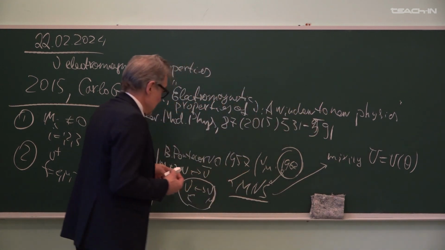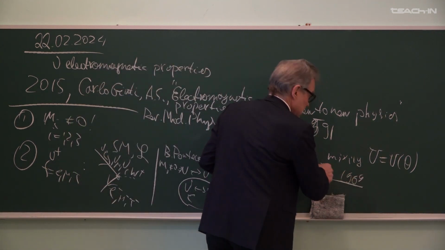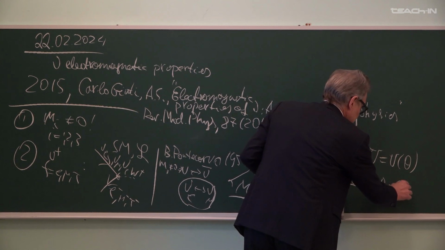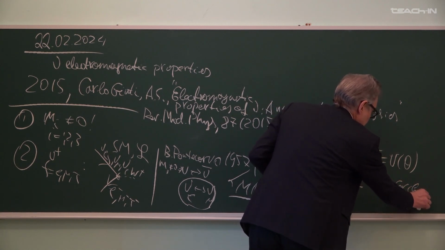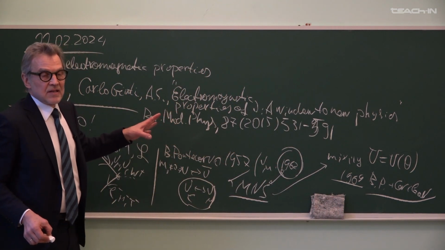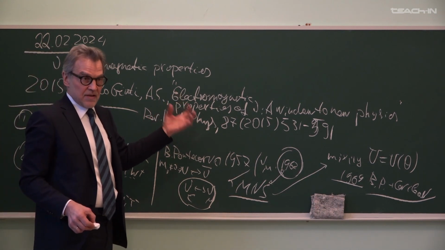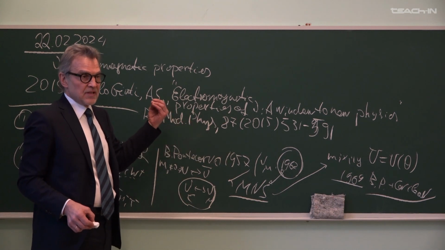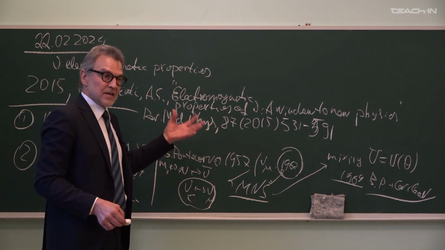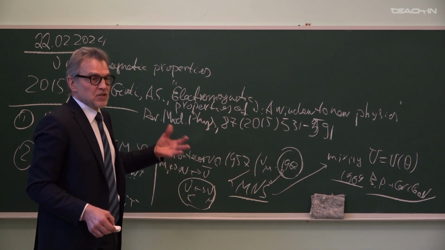And only in 1969, Bruno Pontecorvo and Gribov considered the dynamics or kinematics of these mixing neutrinos, and they derived for the first time the oscillation probability that describes how a neutrino of one type is converted to a neutrino of another type in space and time.